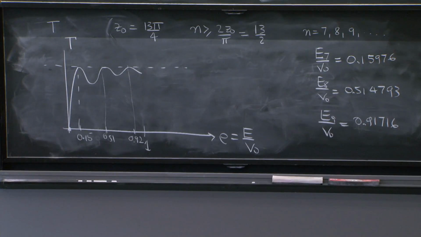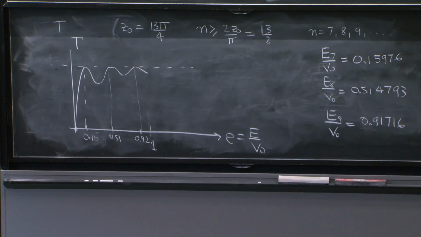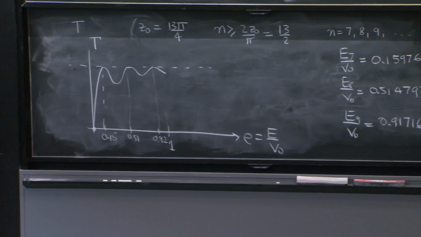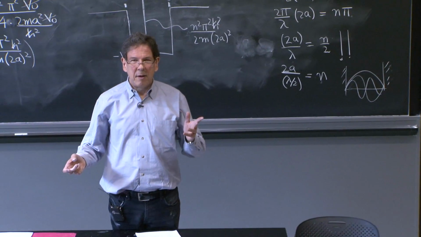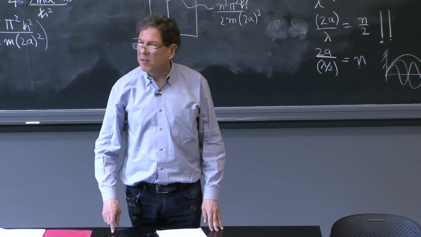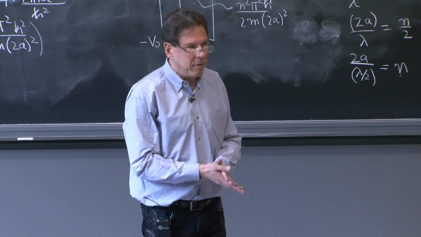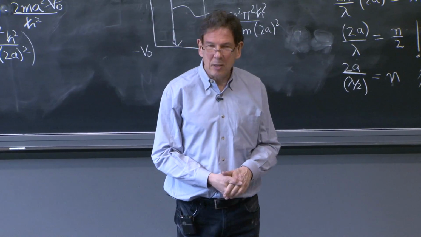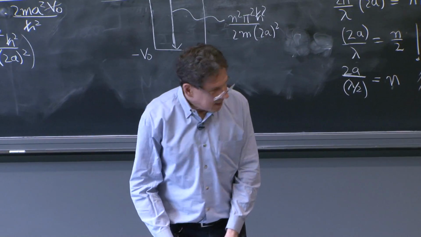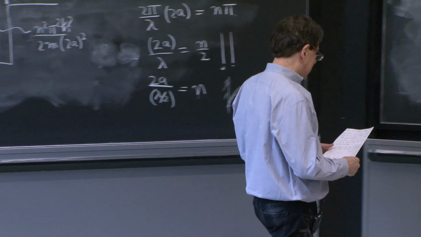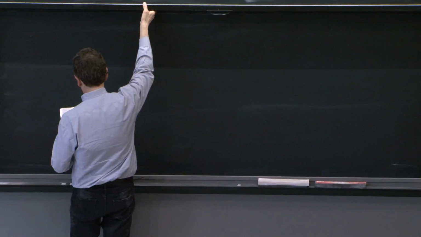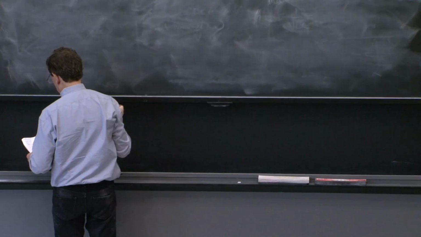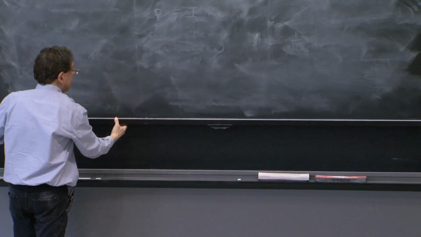So these two people we're talking about, Ramsauer and Townsend, lived from the 1860s to the 1940s and 50s, and they did their famous experiment in 1921. Their experiment was elastic scattering of low energy electrons off of rare gas atoms.